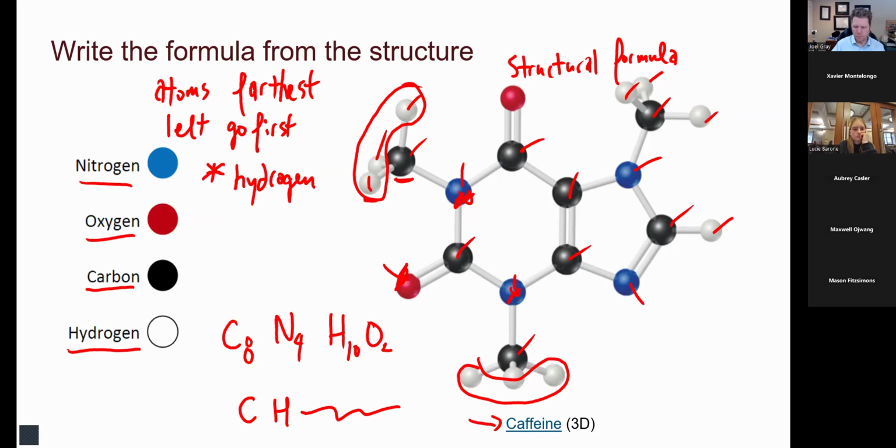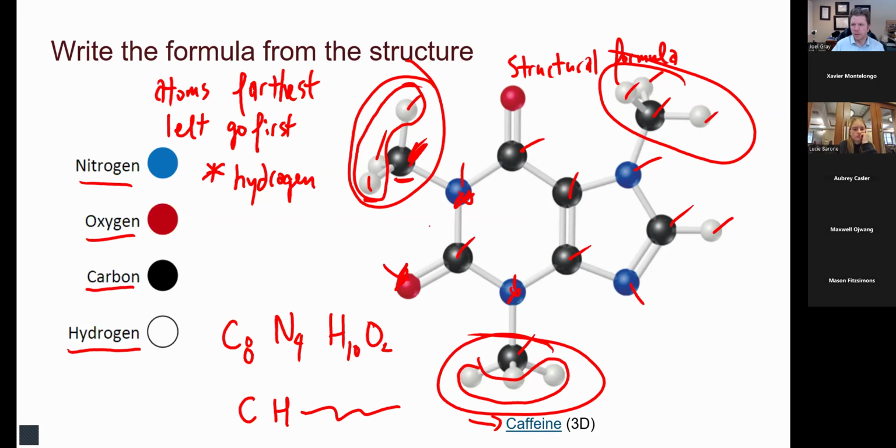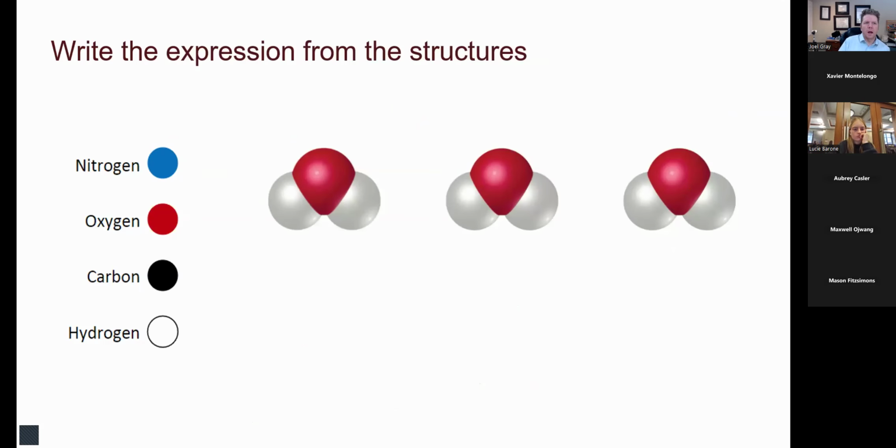Now what I want to do, there we go, it pops up now, is look at this expression. When you have multiple of something, what we have here is oxygen, hydrogen, hydrogen, and we've got three of them. And we want to write H2O because that's the molecule or the substance that we're interested in.